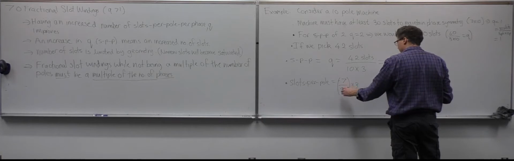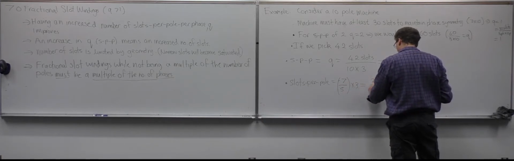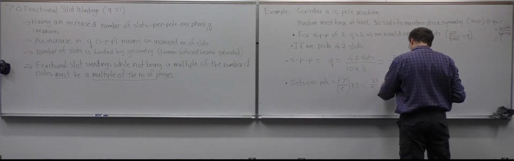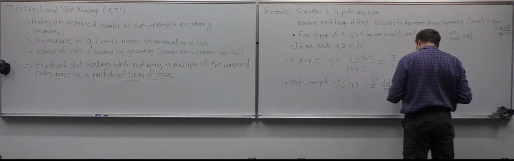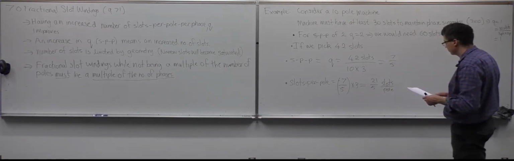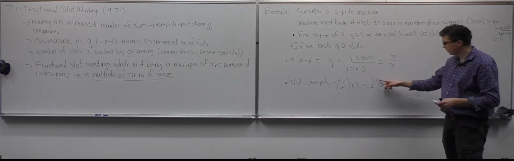So 7 over 5 times 3 gives 21 over 5 slots per pole. So 21 slots.